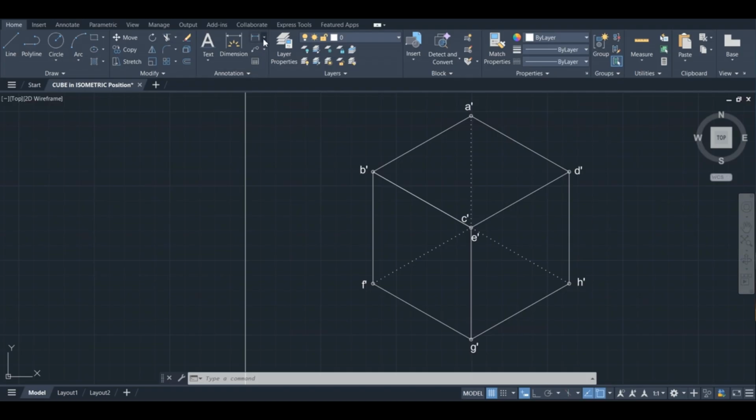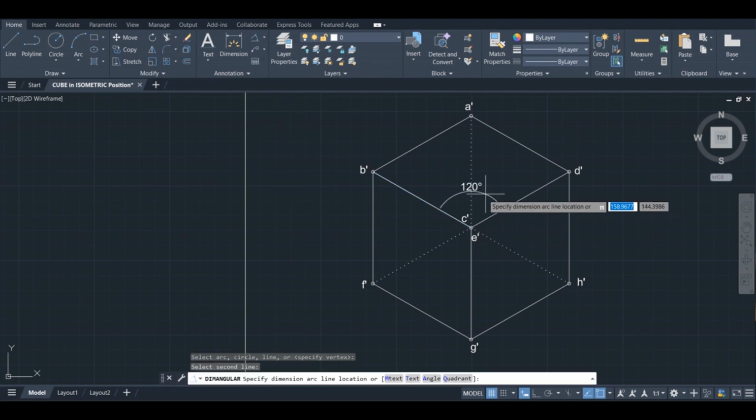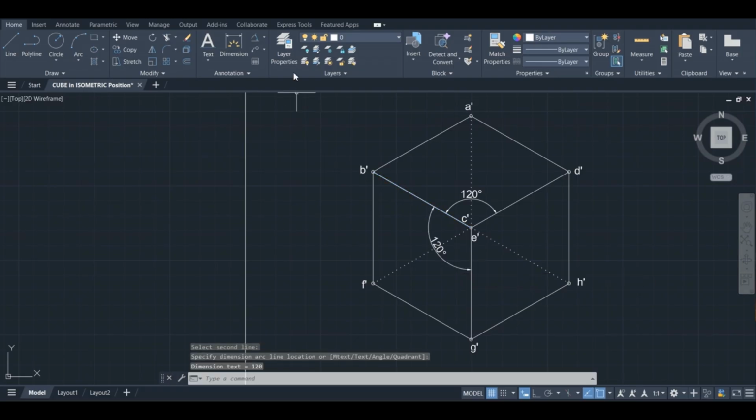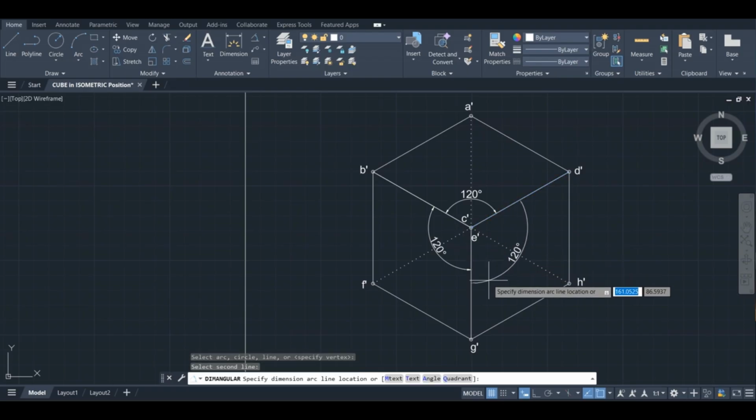Here you can see the angle between these two isometric axes is 120 degrees. Also the angle between these two isometric axes is 120, and here also it is 120 degrees.